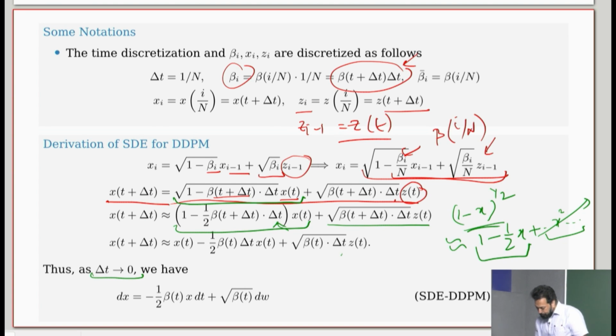Then we did a simple multiplication. So xt goes inside, and here xt goes inside. That's all. We had beta t plus delta t.